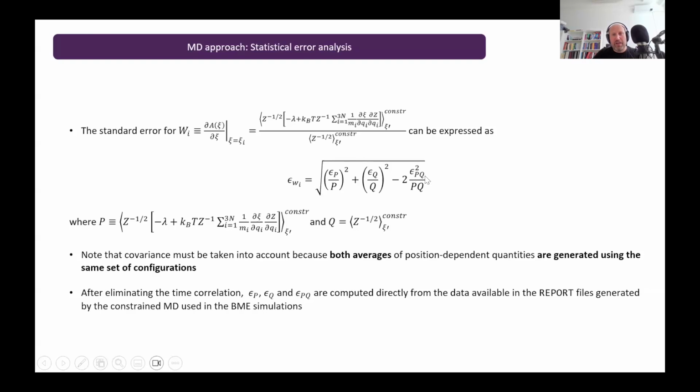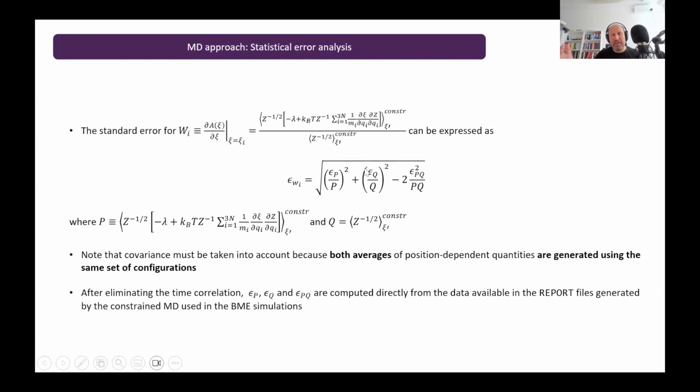It's important to take into account also this covariance-related term, because obviously the terms in numerator and denominator are computed for the same set of structures, and these are all position-dependent properties. So they are certainly to some extent correlated via their explicit dependence on positions.